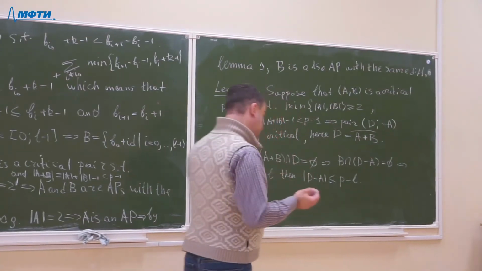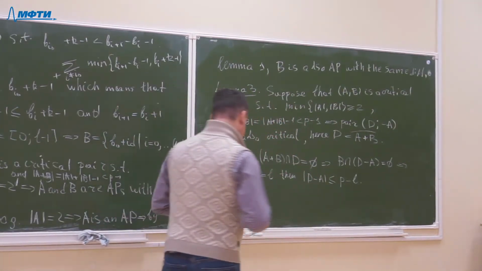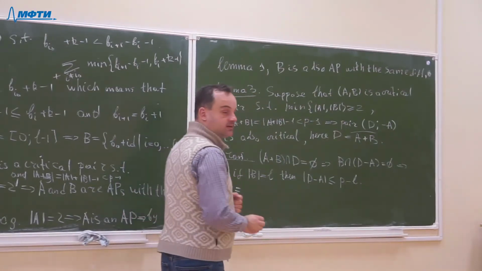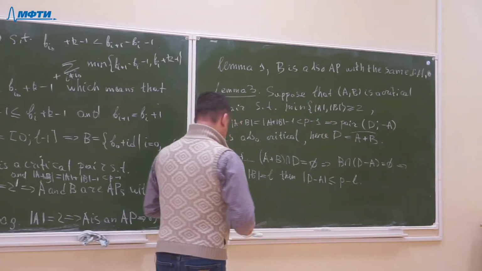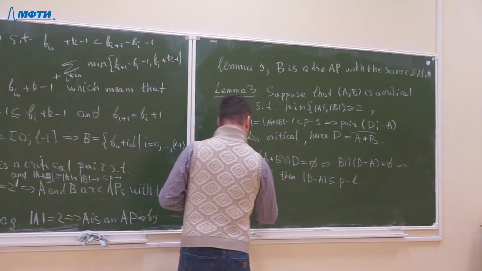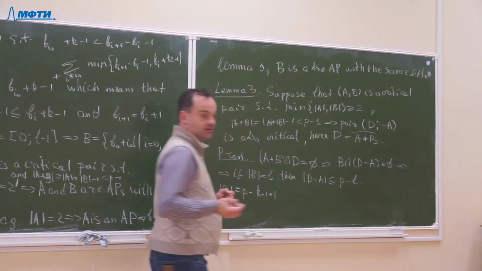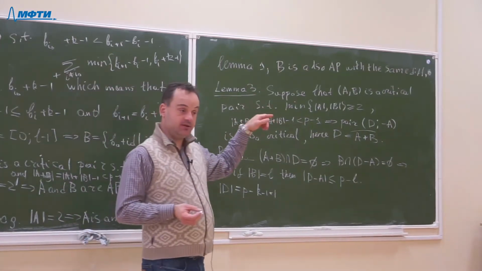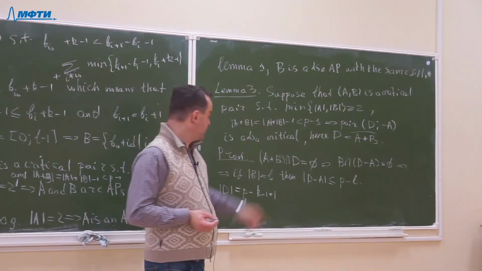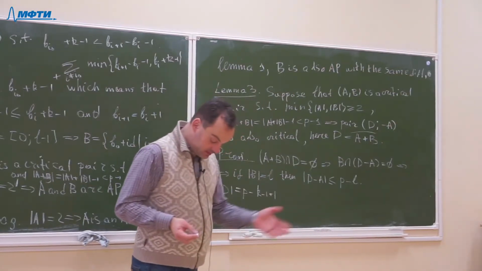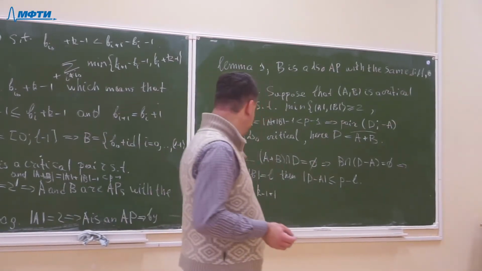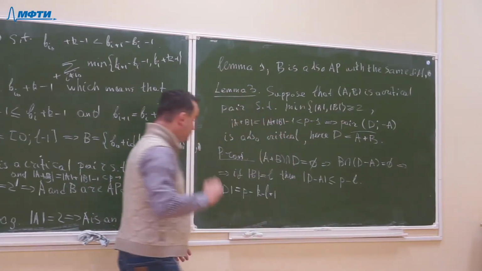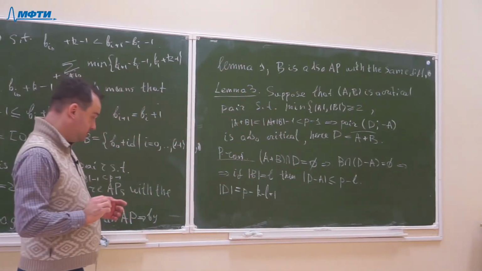We obtained the upper bound, now the lower bound. The cardinality of D is what? P minus K minus L plus 1, right? It's the complement of A plus B. Got it, right.